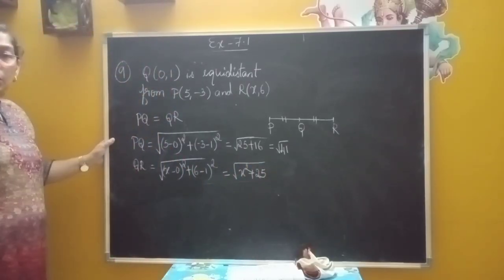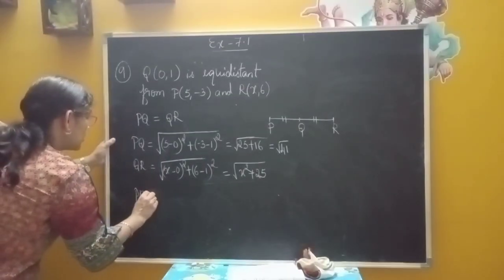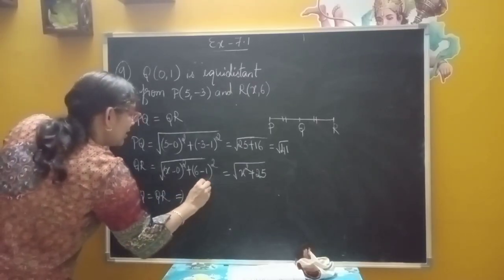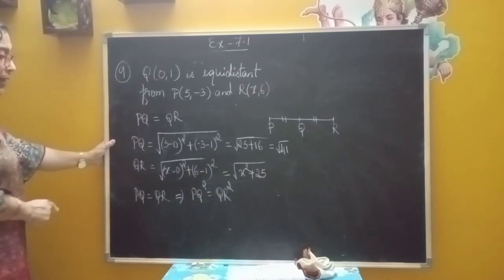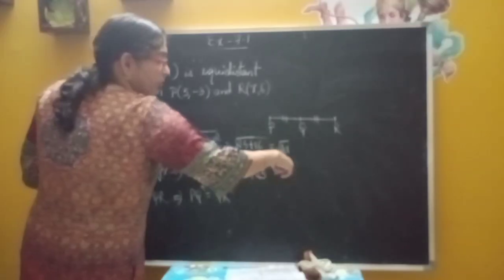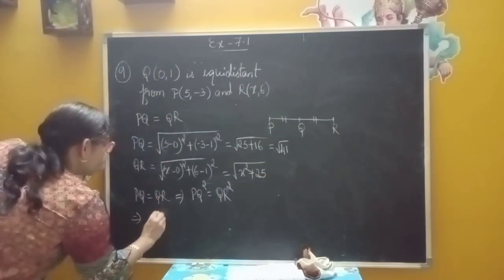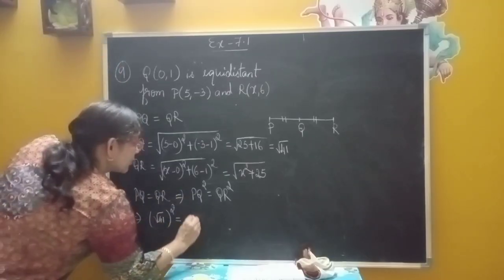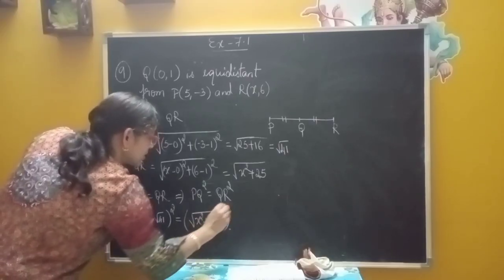Since PQ is equal to QR, their squares are also equal. This implies PQ square is equal to QR square. PQ square is the square of root 41, so root 41 whole square is equal to the square root of x square plus 25, whole square.